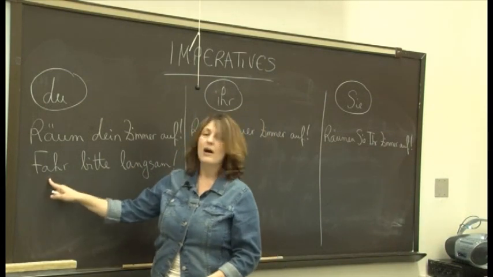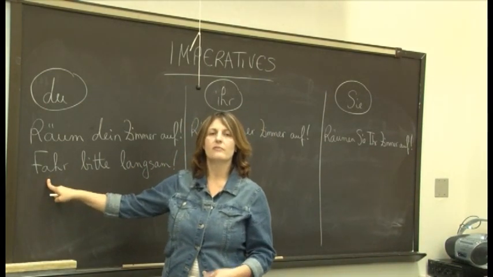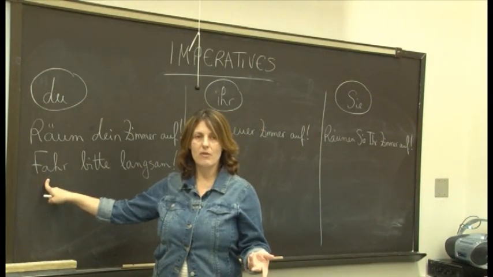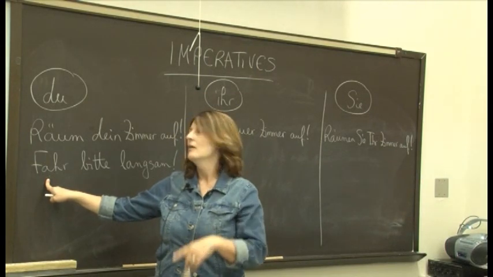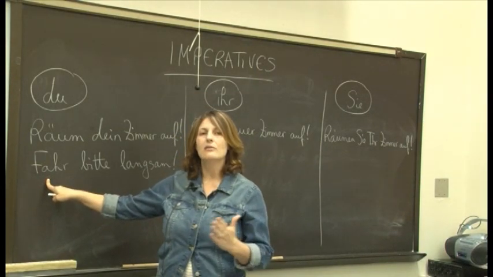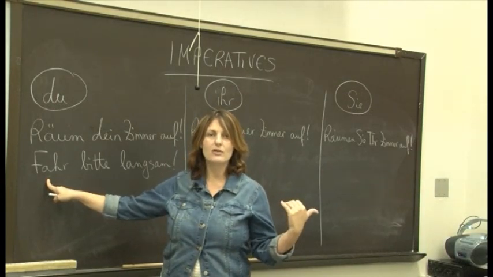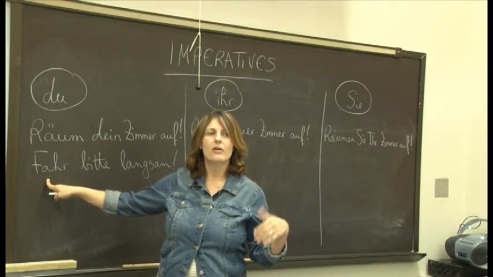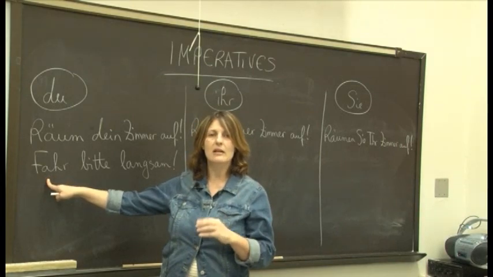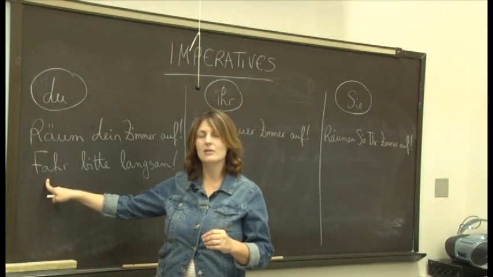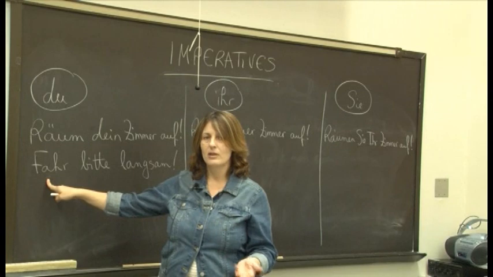Yeah? Fahren is one of those verbs with stem vowel changes. Remember, ich fahre, du fährst. But it's not from A to E. If you remember the PowerPoint presentation we just watched, it said only the verbs that went from A to E, like geben, gibst, nehmen, nimmst, still do that for the imperative.